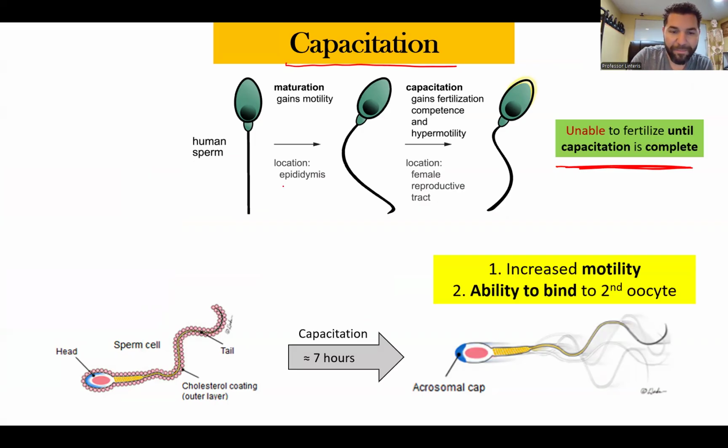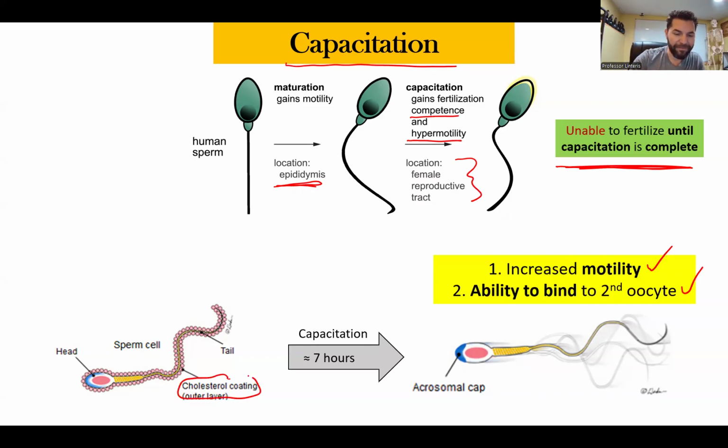In the epididymis, we talked about that maturation, but the sperm has to gain competence and hypermotility. This happens in the female reproductive tract. So one, it has to be able to swim super fast, and it has to have the ability to bind to the secondary oocyte.